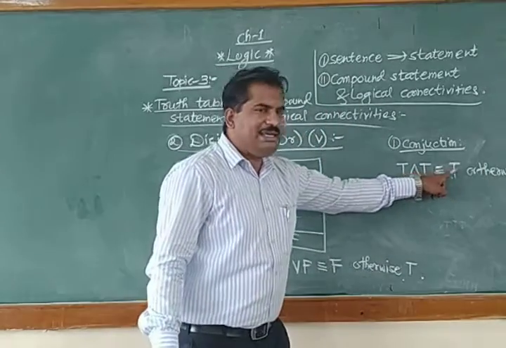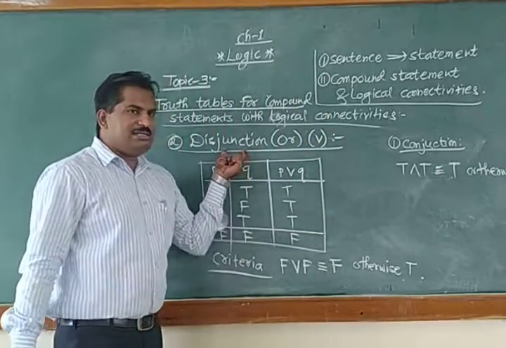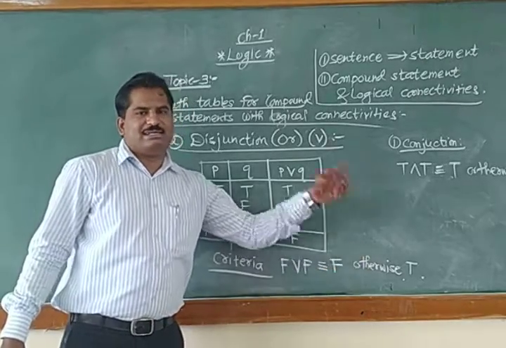Therefore, T and T is T, otherwise F. And in a disjunction, F or F is F, otherwise T.